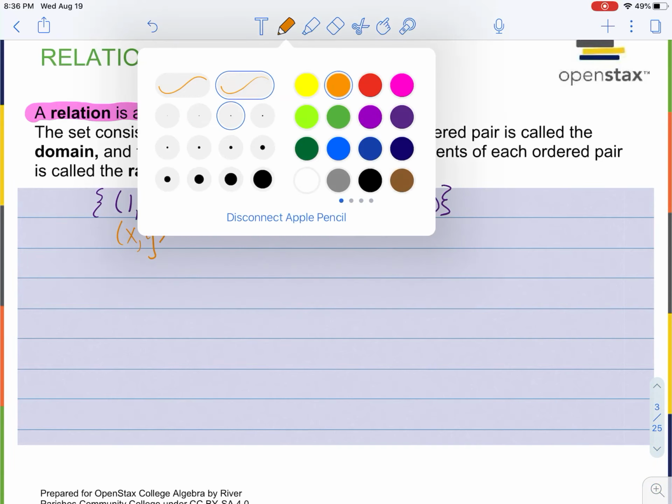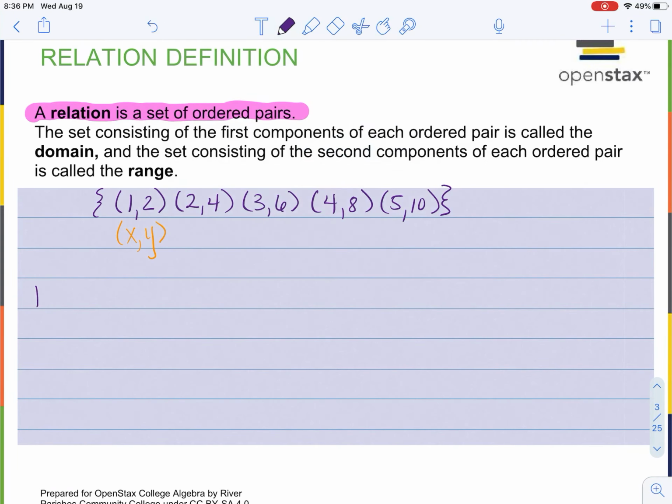So in this case, the domain of the relation above here, the relation of ordered pairs, is the set of numbers 1, 2, 3, 4, and 5. So all I did was list the x's.